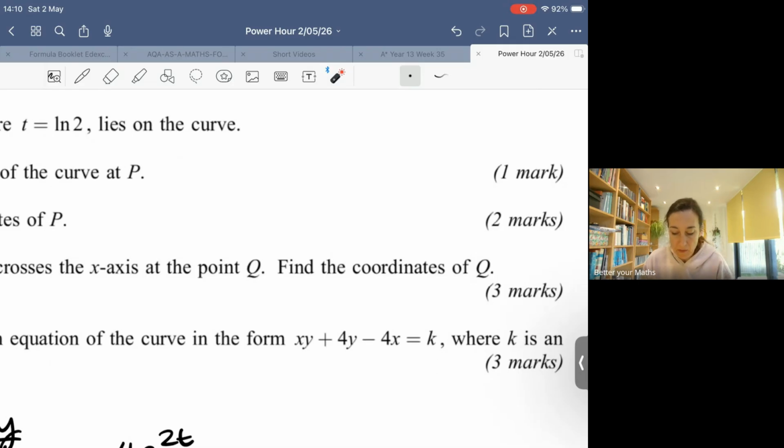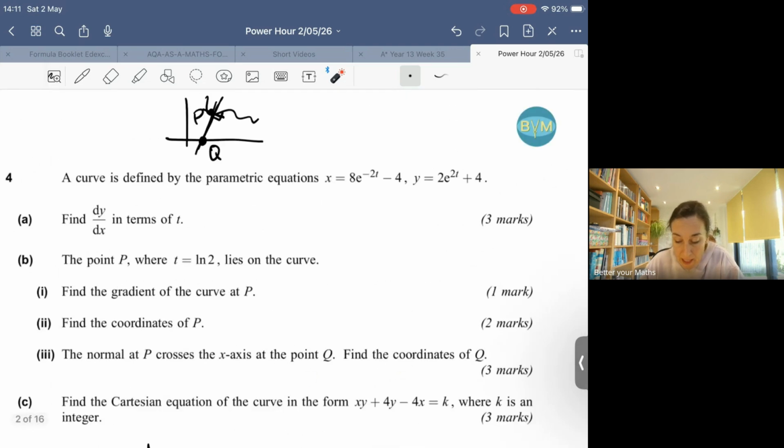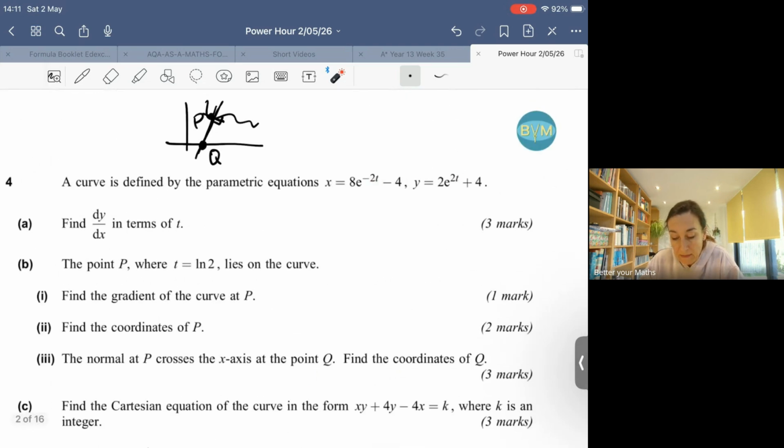We have a good way of checking that we are doing things correctly. We just need to find this constant. Remember, to find the Cartesian equation, what I'm going to do is eliminate the parameter between these two. There is always more than one way of doing it. Sometimes you find it shorter, sometimes longer. Maybe the one that I do is worse than the one that you do. There is not a single recipe.